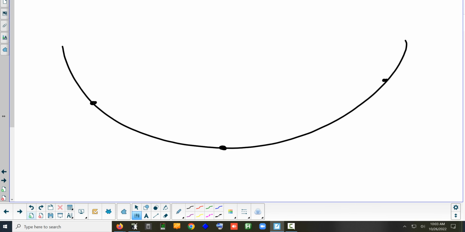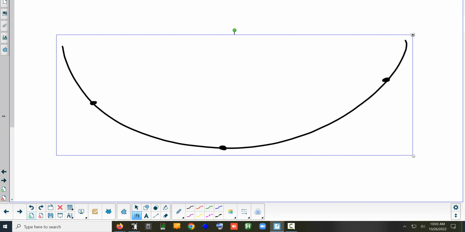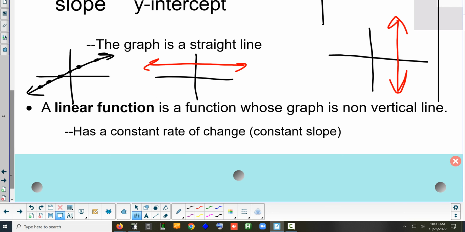Now, if you were standing over here, it would still feel very steep again, but it wouldn't feel like you're going to fall to the right. You'd feel like you're going to fall down to the left. If you dropped a ball there, it would roll to the right. This is a curve, and it has a different steepness depending on where you would be standing. A line doesn't. It's the same steepness everywhere. And that's why we're going to study lines.